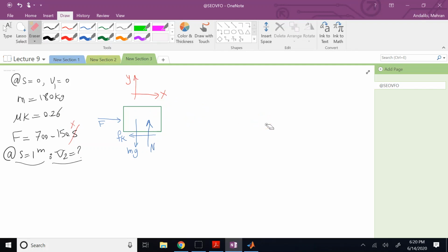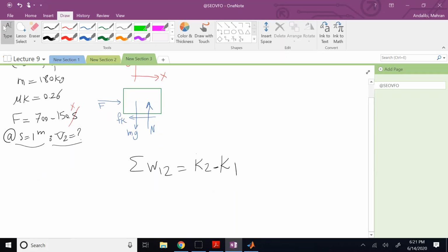Okay, now in the work energy version, I have one formula, and the formula says that sum of the work done on the particle between position 1 to 2 is equal to K2 minus K1. That's the only formula I have. Now, let's expand this.